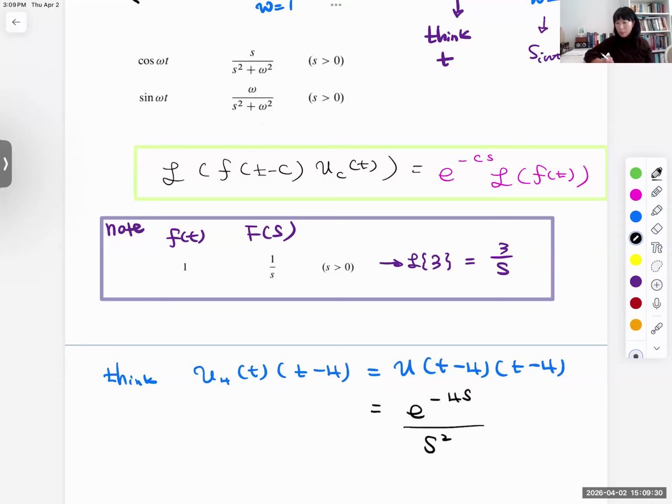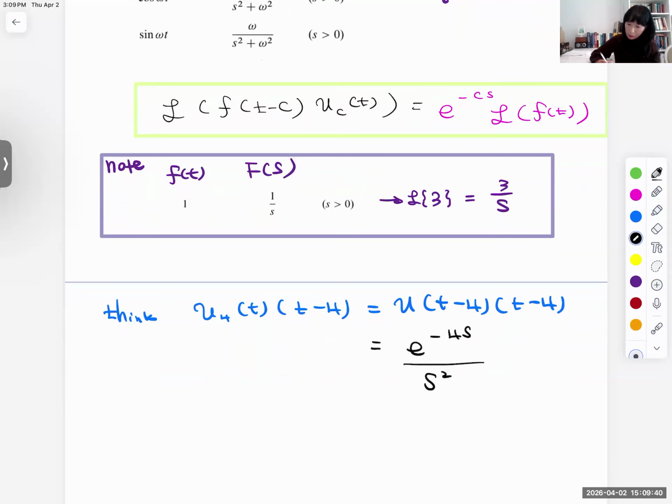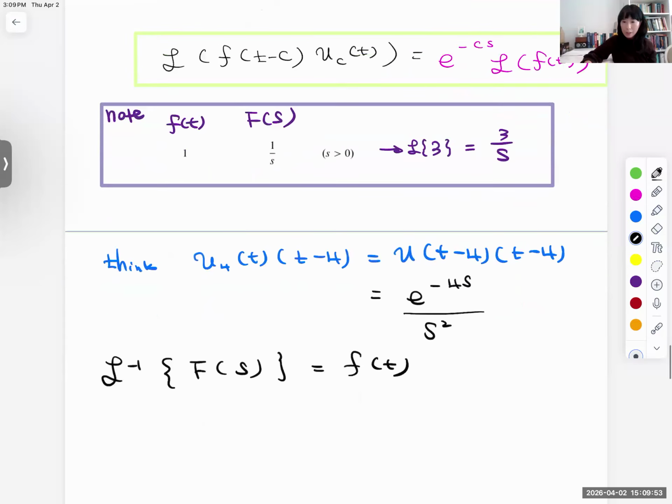So from this, we might think about what's the inverse Laplace, F of s equal to f of t, right? We knew that, right?